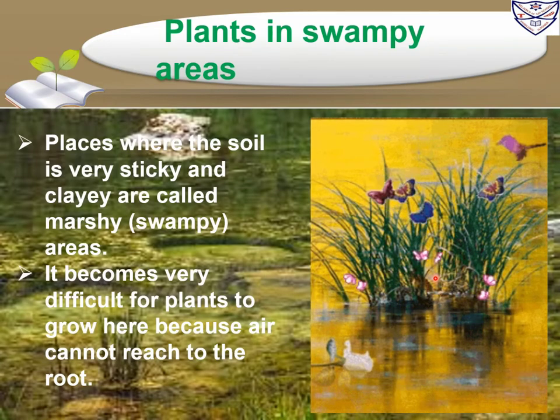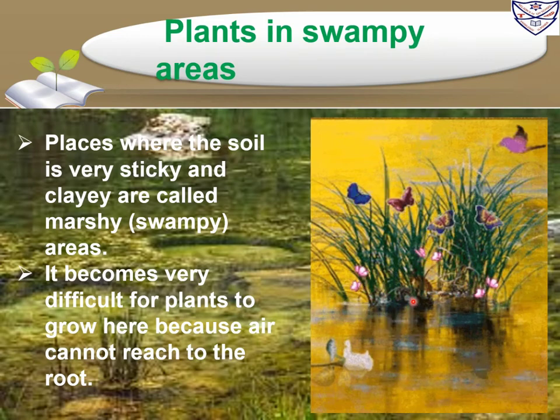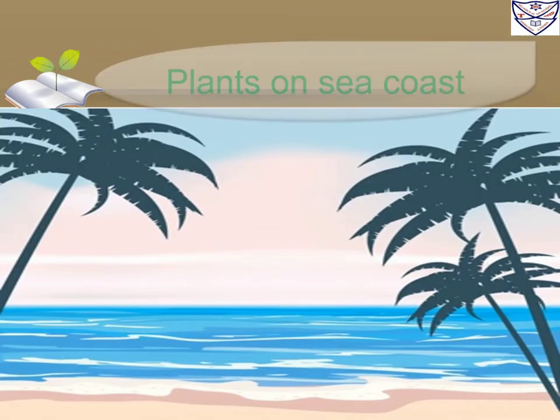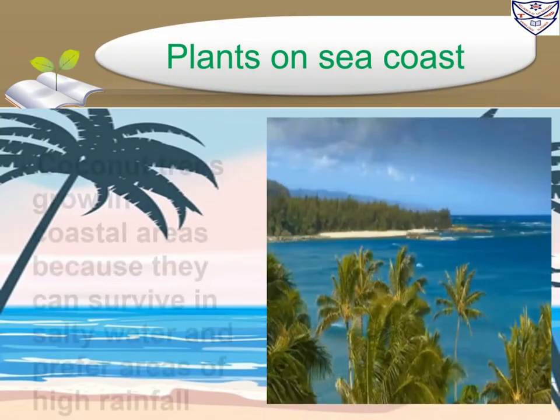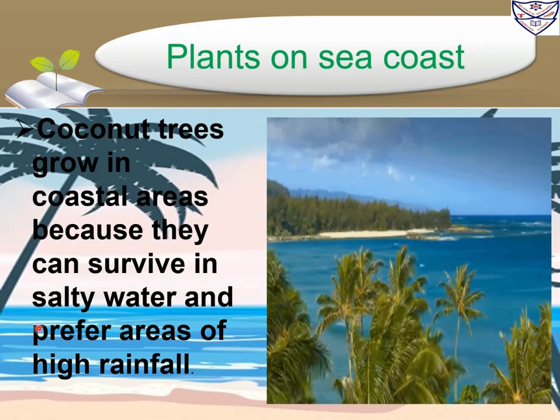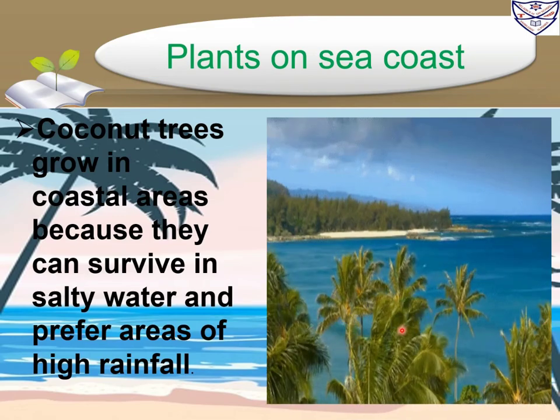Hence, plants that grow here, for example mangroves, have breathing roots to take in air. Plants on seacoast. Coconut trees grow in coastal areas because they can survive in salty water and prefer area of high rainfall. The seeds of such plants are dispersed by water.